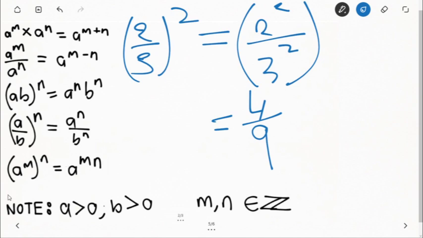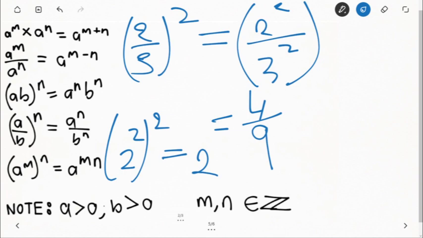So if you have 2 to the power of 2, and then that is raised to the power of 2, then you can simplify it as 2, and then what is 2 multiplied by 2? That is 4. Okay, so that's how you can use the laws of exponents to simplify expressions and work with equations that require you to apply the laws of exponents.